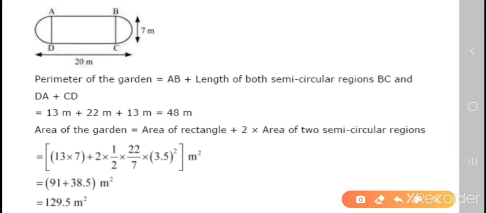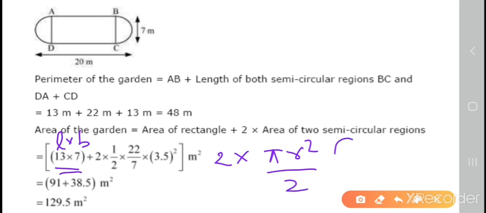Here this part, it is 13 into 7, what I told, that is L into B. Now next one, semicircular. Okay, 2 semicircles are there and area of 2 semicircular areas is pi r square by 2. Pi r square is for the full circle. As we are having semicircles, it is divided by 2. Okay, so this 2 and 2 get cancelled.